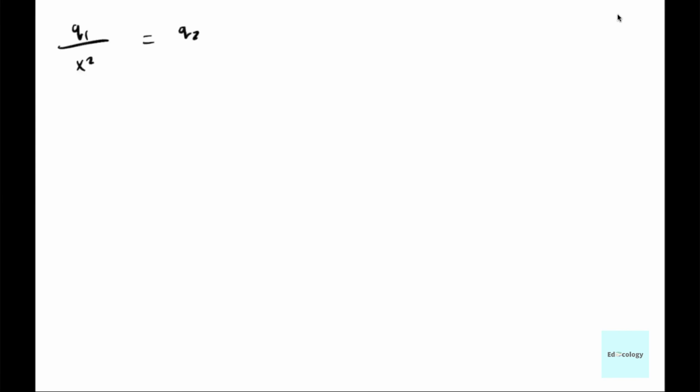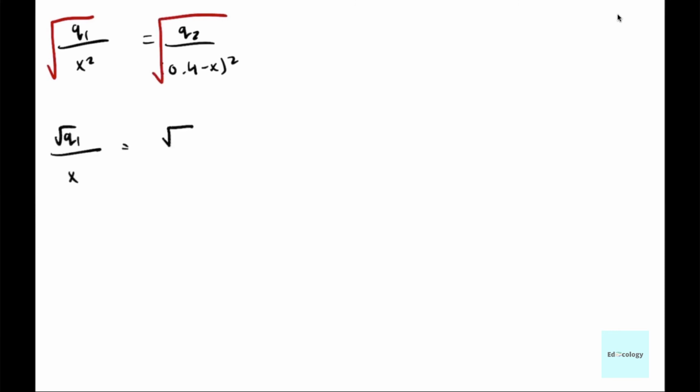Okay, so now what you're basically going to do is get rid of the squared, for which we will use the square root, and you will be left with radical Q1 over x equals radical Q2 over 0.4 minus x.